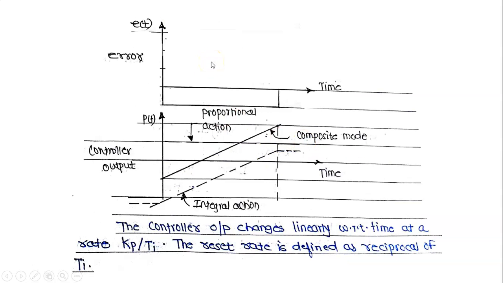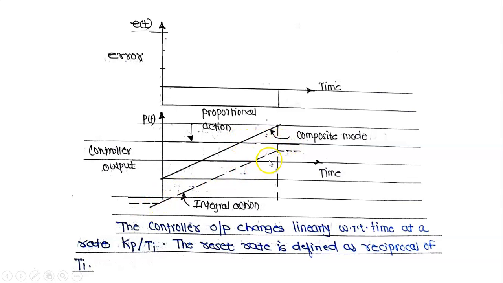Now again another graph is there. On the y-axis error, on the x-axis time. Here the error is below the zero line. Another graph is there, that is control output versus time. Now this line is known as proportional action.